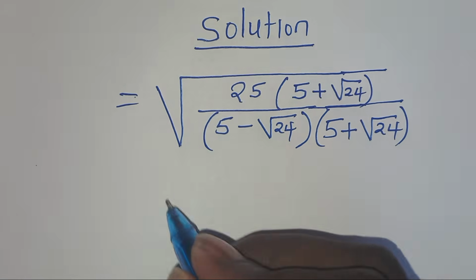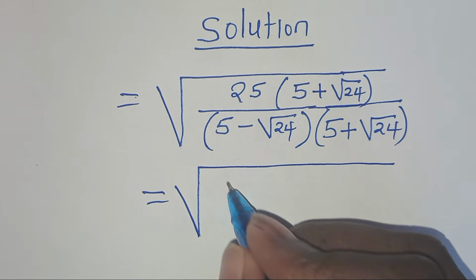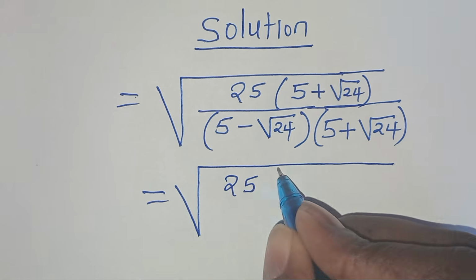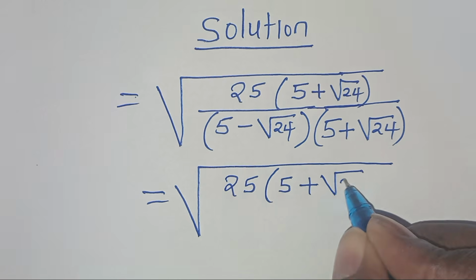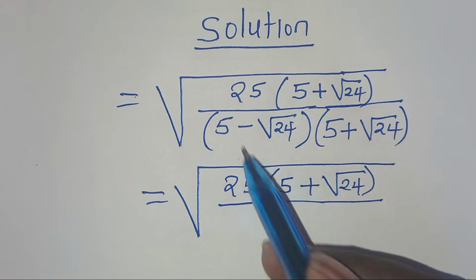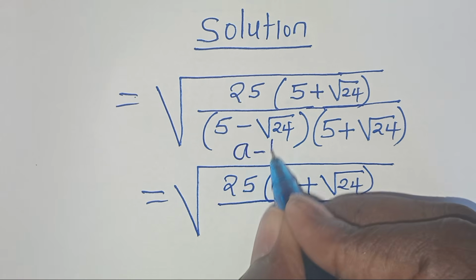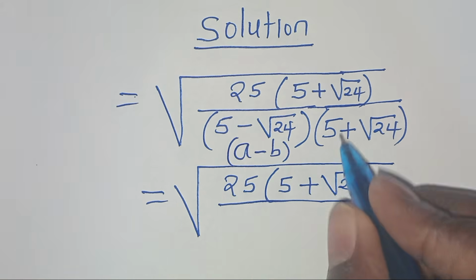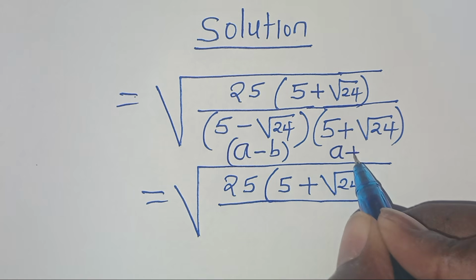The next step is that we have square root of 25 multiplied by 5 plus root 24, then divided by 5 minus root 24. This is in the form of a minus b, multiplied by 5 plus root 24, which is in the form of a plus b.